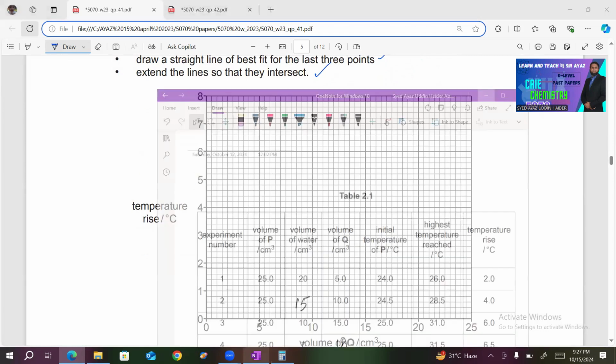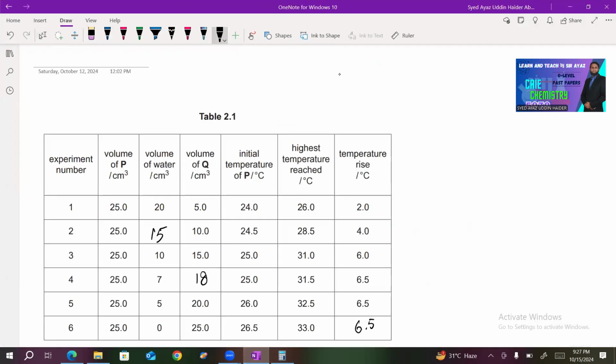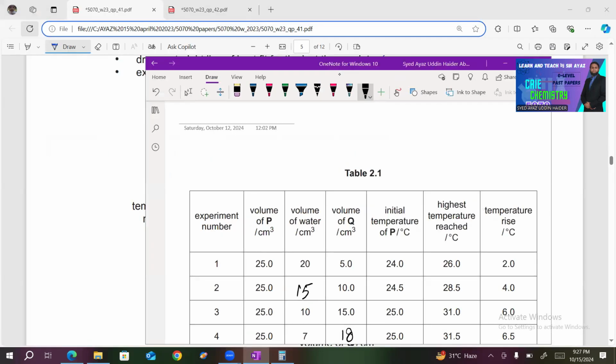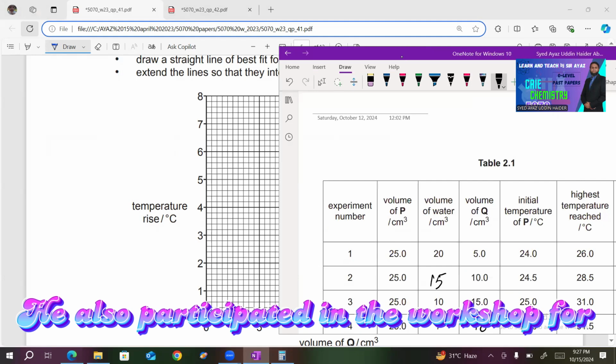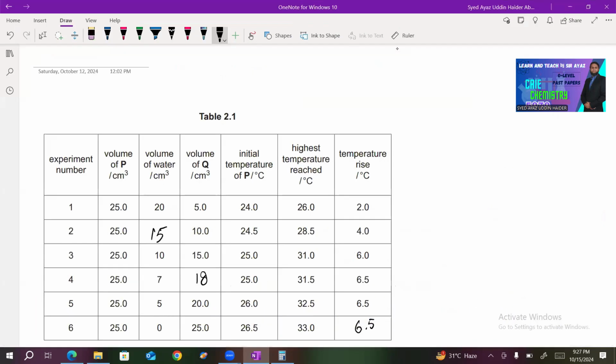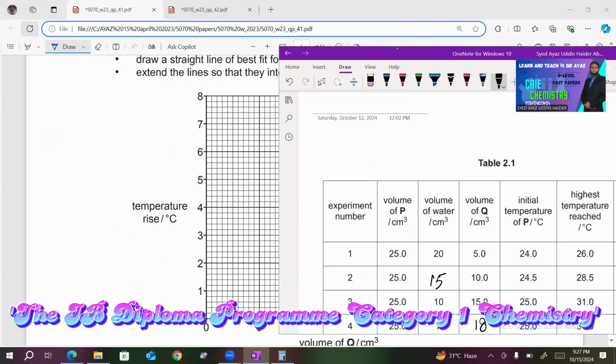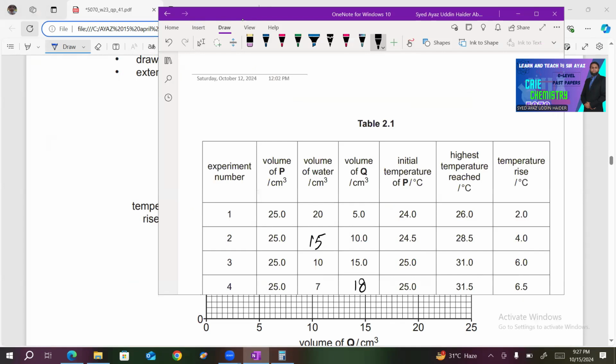So we need values. These are the values. For the temperature, we have 2, 4, 6, and 6.5.